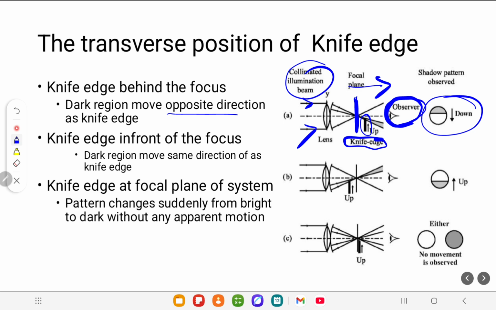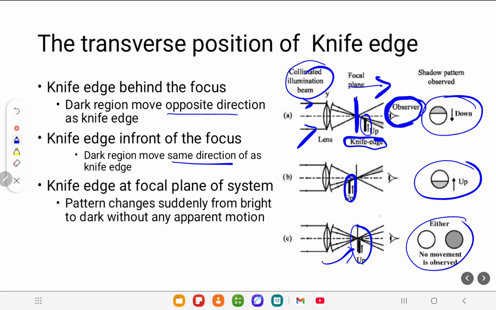Whenever you place the knife edge, which in a retinoscope is the peephole, in front of the focus, you will see with movement, the same direction movement. And whenever you put the knife edge exactly at the focus point, there is no movement. That's the neutralization reflex, as opposed to the hyperopic and myopic reflexes.